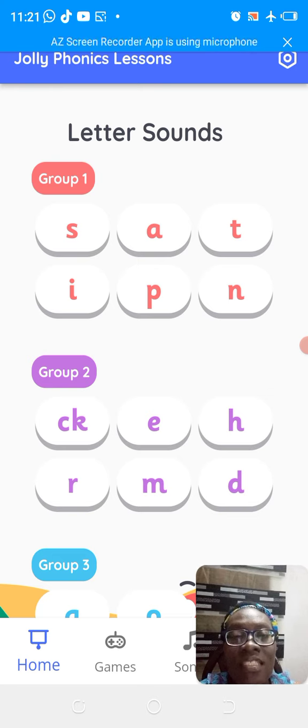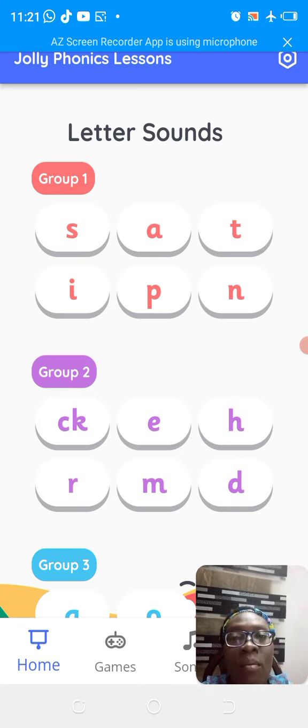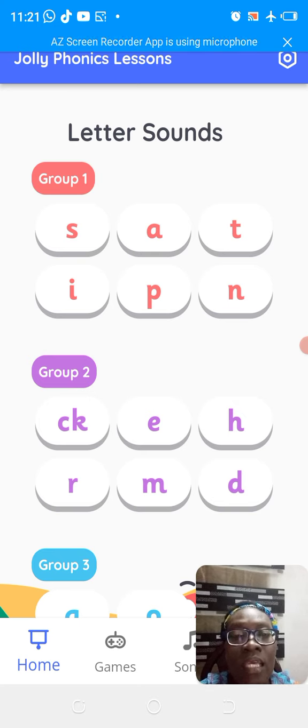Jolly Phonics has a systematic way of teaching children the sounds, from the simplest sound, and then they graduate to the more difficult sounds. This way, the children can start learning the sounds and start reading or blending immediately.